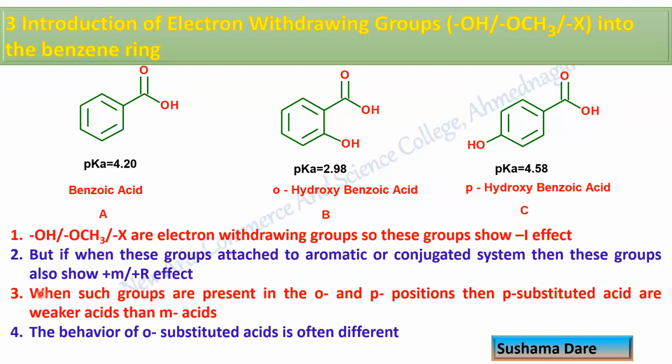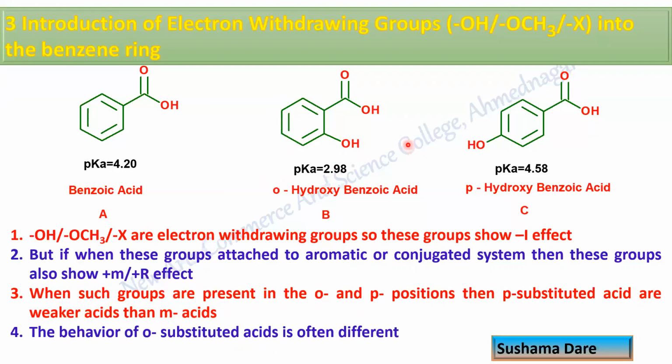Now why does this happen? The unshared pair of electrons on oxygen are involved in resonance. As they are involved in resonance, we call it an electron donating resonance effect. When such groups are present at the ortho and para position, then para substituted acids are weaker acids than meta acids.